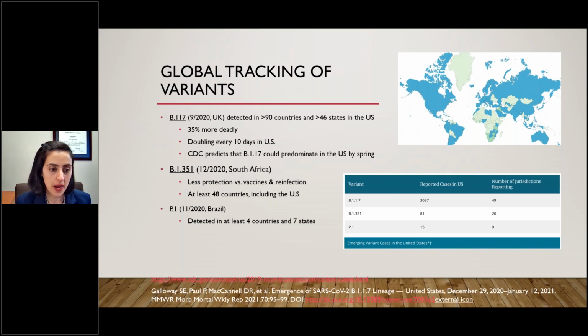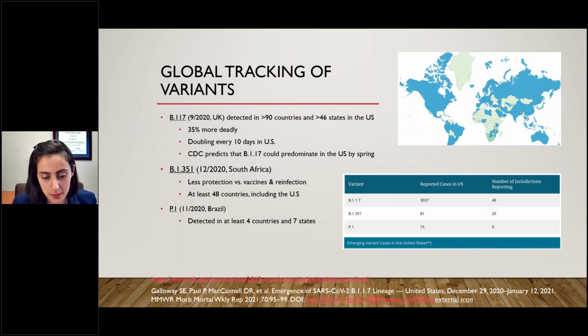And so the ones to keep in mind are the UK variant, which is technically called the B.1.1.7. And recall that this had its origins in the United Kingdom, and by their very high level and widespread sequencing that they do very nicely in the United Kingdom, this was traced back to actually September, the fall.